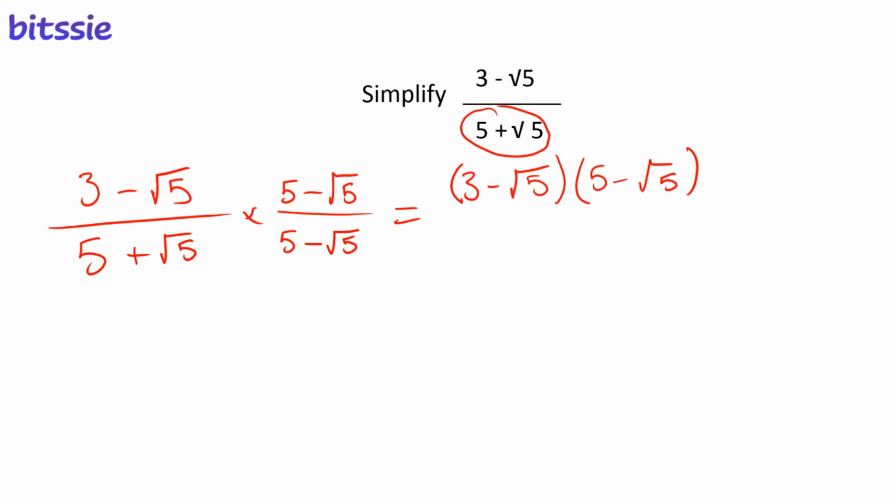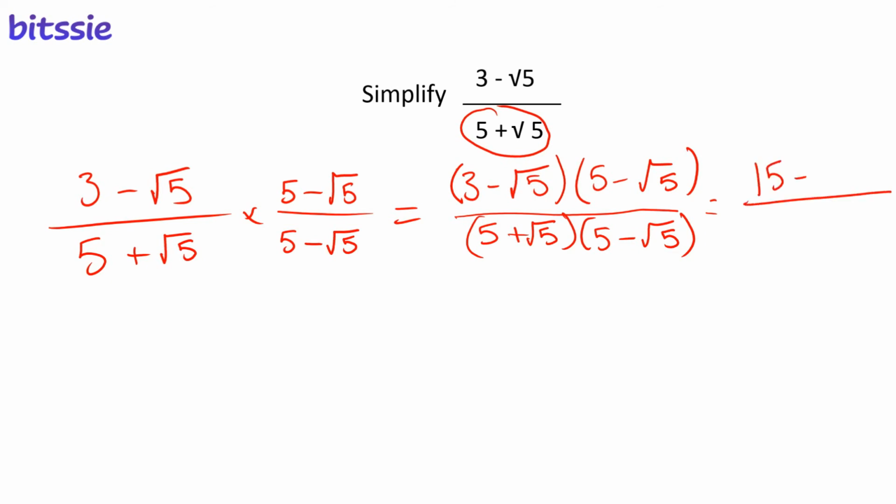And then our denominator would be 5 plus root 5 times 5 minus root 5. And then this would simplify to 15 minus 8 root 5 plus 5. And the denominator would become 25 minus 5.